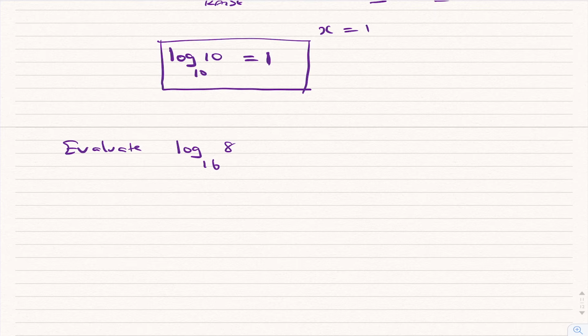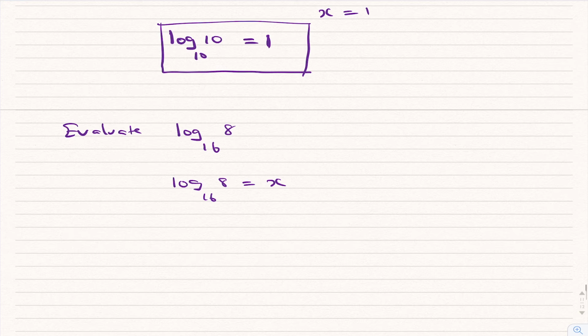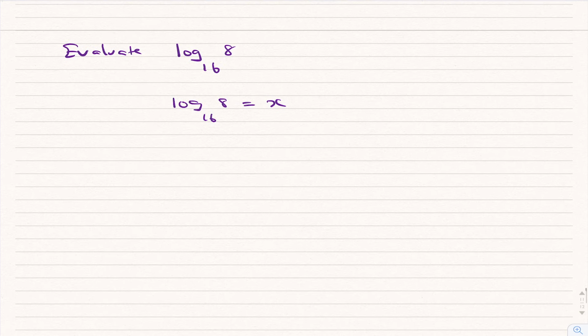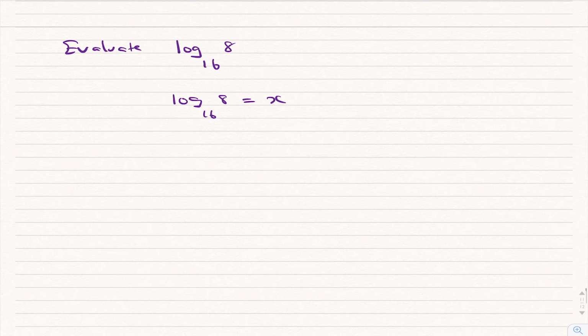In this case, we write log base 16 of 8 equals x. We always equate it to x because we don't know what it is. It doesn't have to be x, it could be any variable, we could call it t if you want.